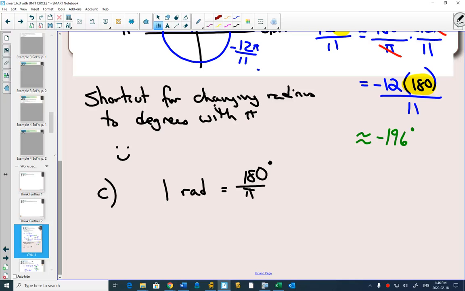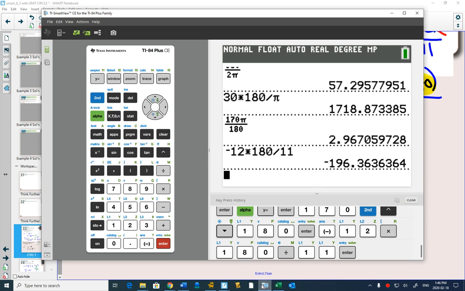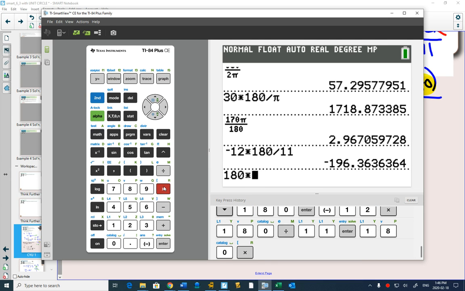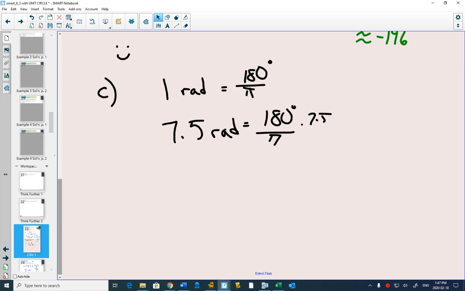But now we want to convert and find out what 7.5 radians is. Well, we would just multiply 180 over pi times 7.5. As an exact answer, we would get 1,350 over pi.